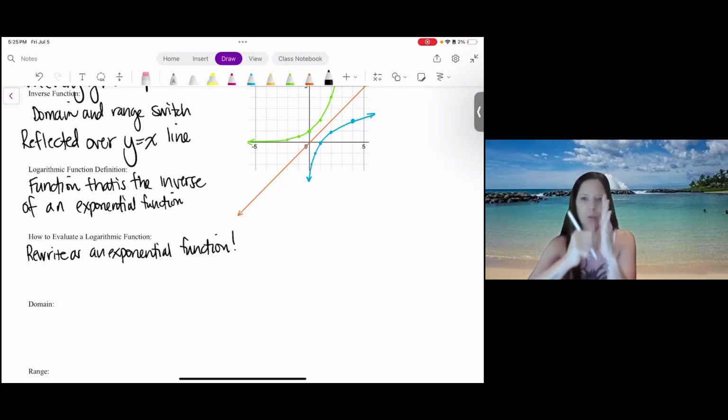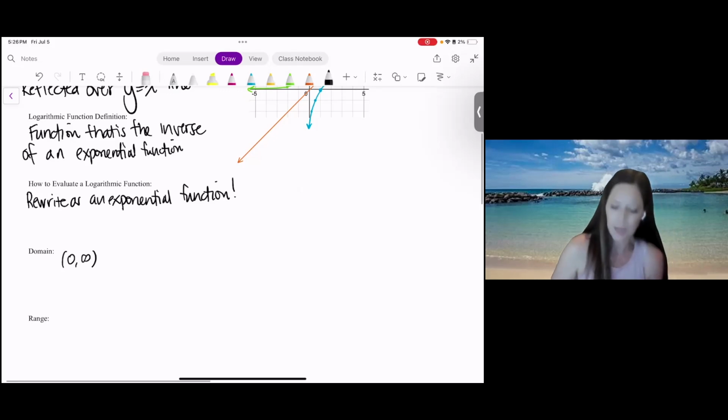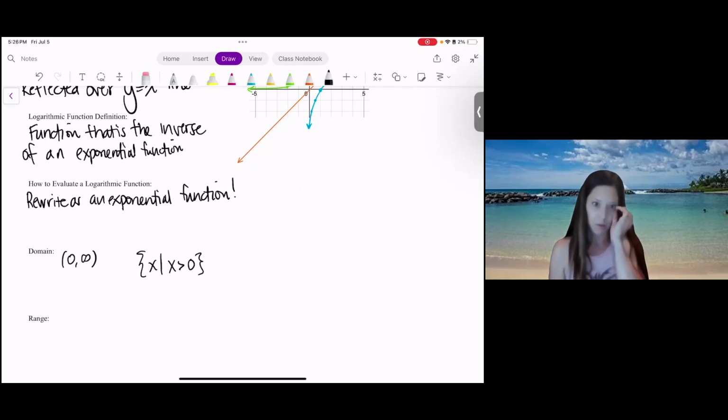So it's just going to keep getting more and more negative, which means that the domain goes from 0, doesn't include 0, to positive infinity. In interval notation, that would be (0, infinity). And in set notation, that would be the set of all x values such that x is greater than 0. And 0 is not included, remember, because no exponent got us to a negative. Anything to an exponent either gave us positive large values or positive small values.